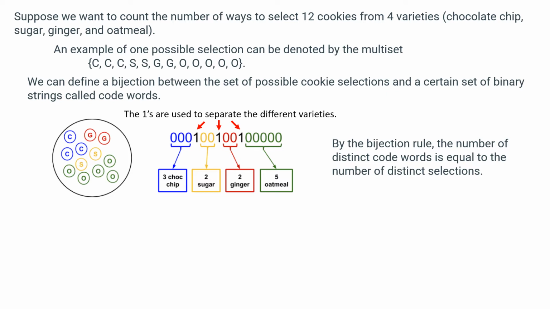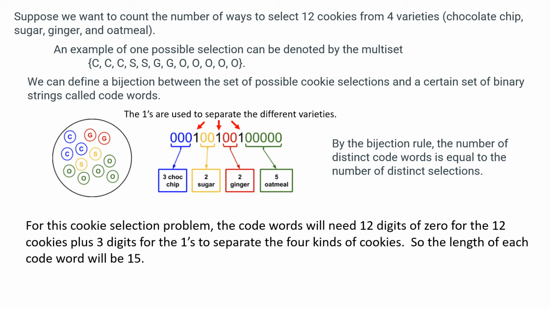So we see that it is a bijection, and by the bijection rule, we would say that the number of distinct code words, these binary strings here, is equal to the number of distinct cookie selections. So we will just concentrate now on trying to find the number of code words possible instead of worrying about the cookies.